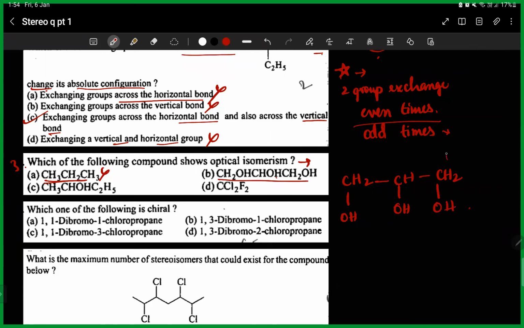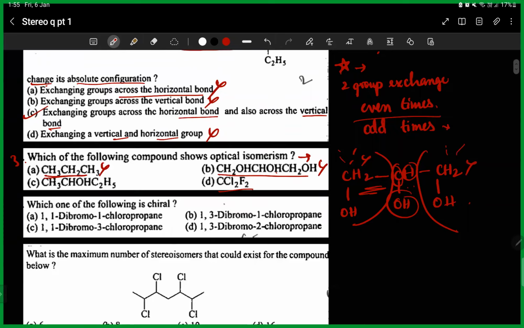See, you have two hydrogens here, this is not chiral. You have two hydrogens here, this is not chiral. And with respect to this carbon, you have an OH, you have an H, but these two alkyl chains are the same. So you don't want the same alkyl chain or the same group or the same atom. So this is not chiral, so it doesn't show optical isomerism.